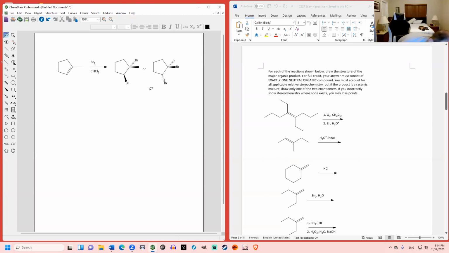Why is the addition of Br2 trans? Because of the mechanism. The mechanism determines that it's trans.